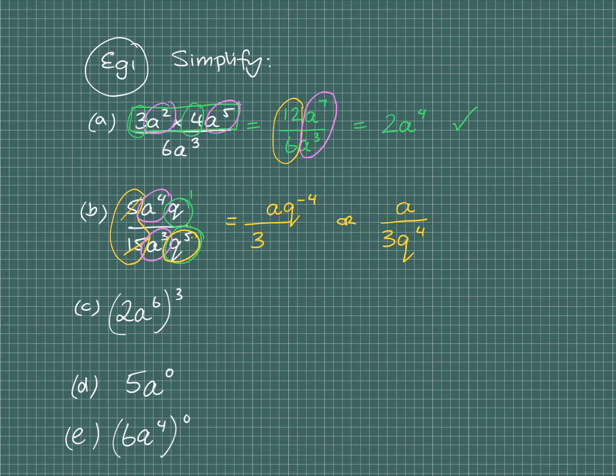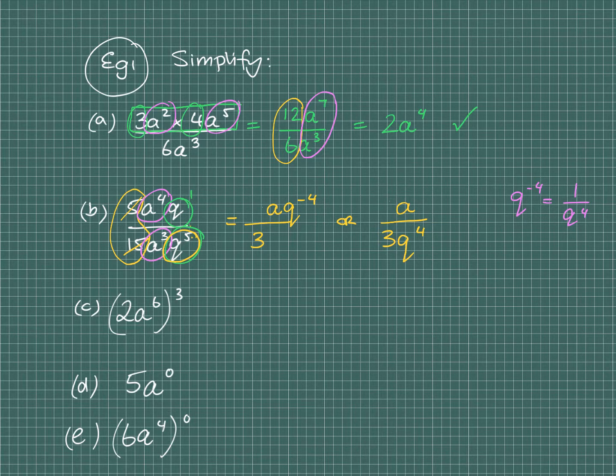Both of those are correct because later on you'll hopefully remember the rule that q to the negative 4 is equal to 1 on q to the 4. They're both the same answer. What I can't have is q to the 4 on top. Doesn't work. Okay. Again, we'll go through those questions when I get back on Wednesday.